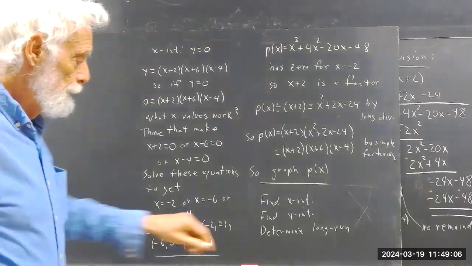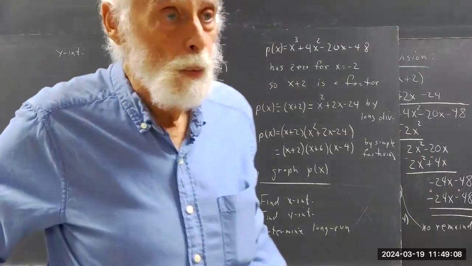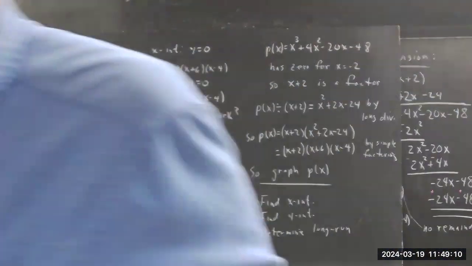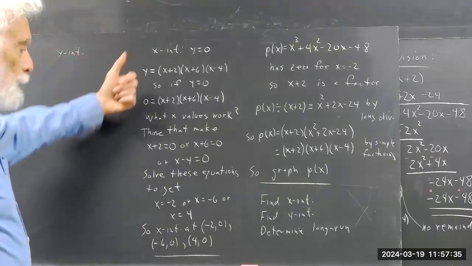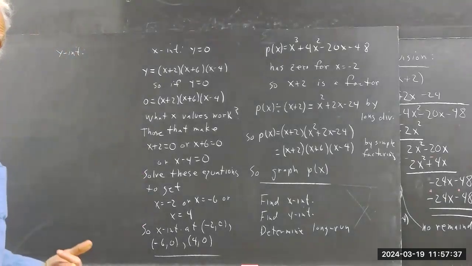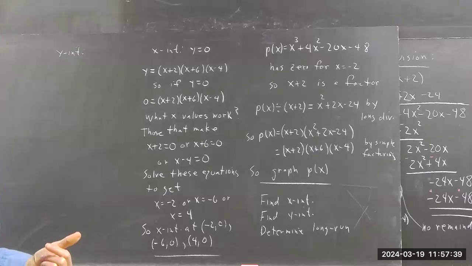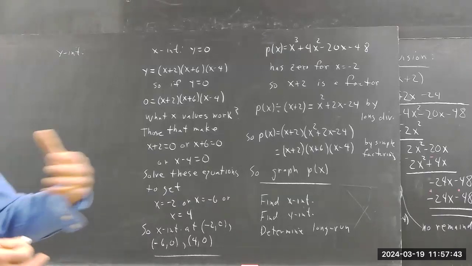Now, what can you say about y-intercepts? Okay, well, it seems a pretty good progress here. You want to be sure to write down all the details, because you get in a habit and you'll mix things up.